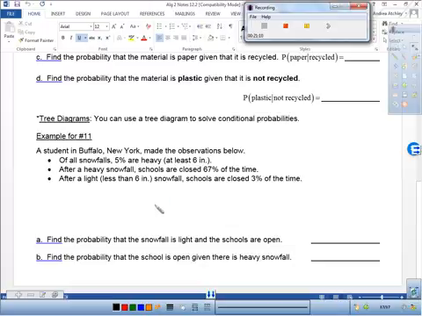So here's where we're going to start to draw a diagram. We're going to deal with two things at the beginning they talked about. We had heavy snowfall, and we had light snowfall. The heavy snowfall was 5%. We write that as a decimal, which is 0.05.